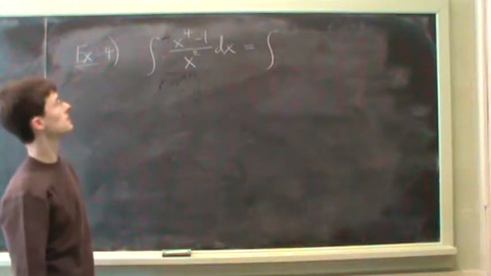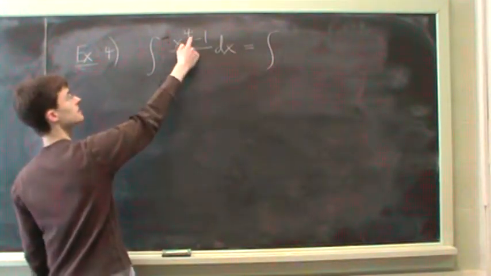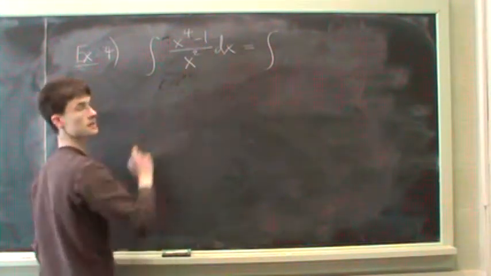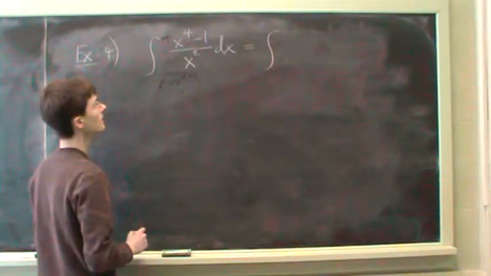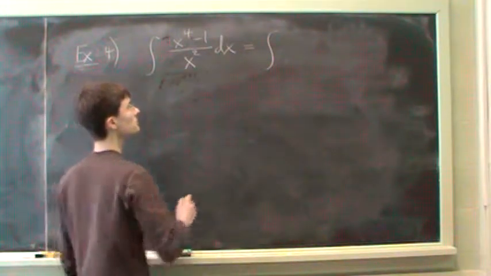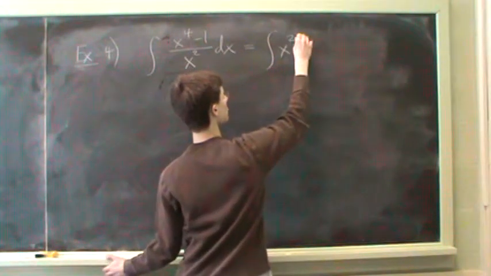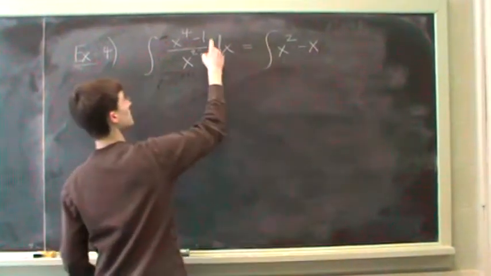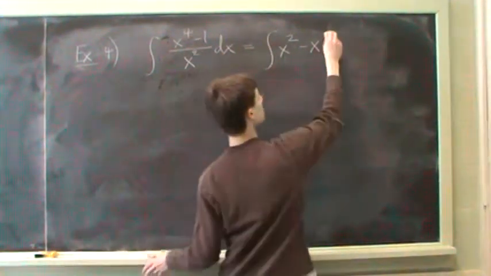And algebra tells us that we can split this apart and do x to the fourth over x squared minus 1 over x squared. And the first term will simplify down to x squared, and the second term will be minus x to the negative 2.